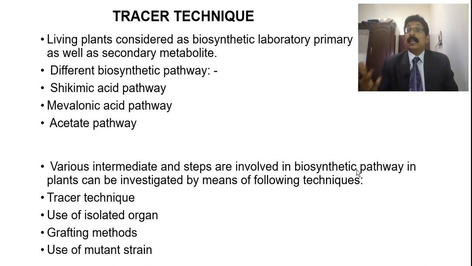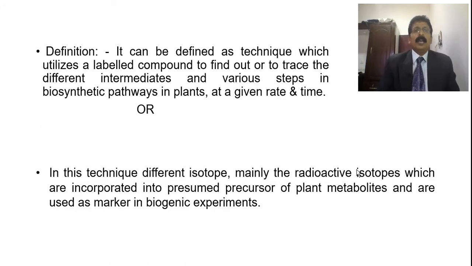In tracer techniques, there are many different types. So we are coming to the definition of tracer technique. It can be defined as a technique which utilizes a labeled compound to trace the different intermediates and various steps in biosynthetic pathways in plants at a given rate and time.